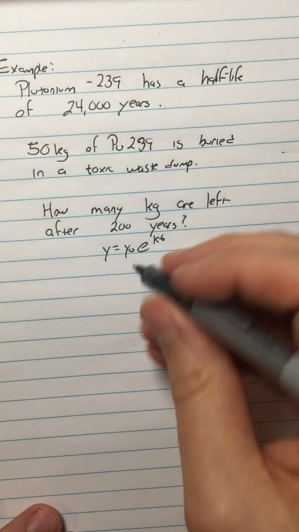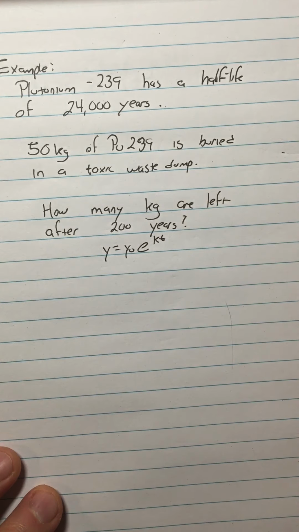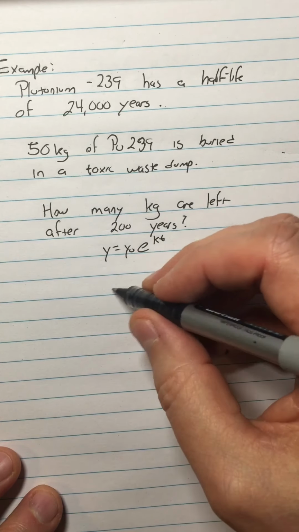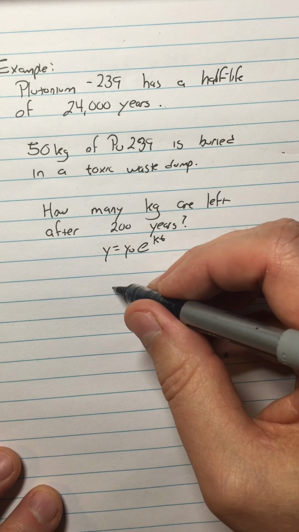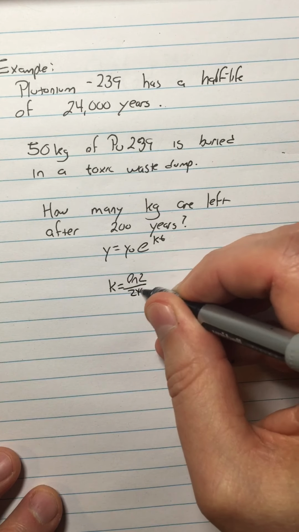Now, of course, I've lost my page. Yes, okay. So I need to find the k here, right? All they gave me is the half-life, and if I want to use this equation, I need to find k. So I will say k equals ln 2 over 24,000.